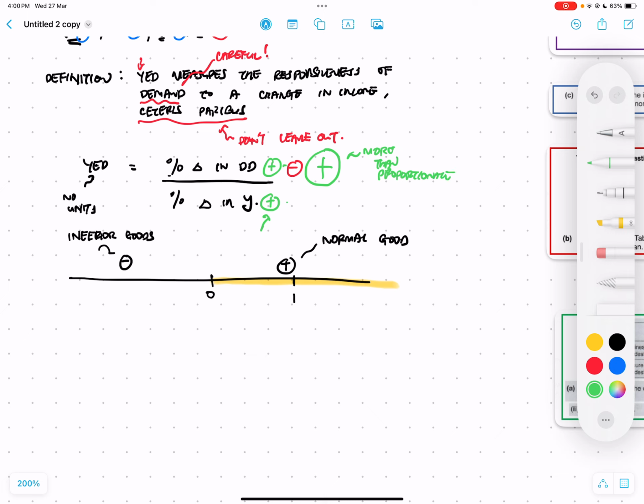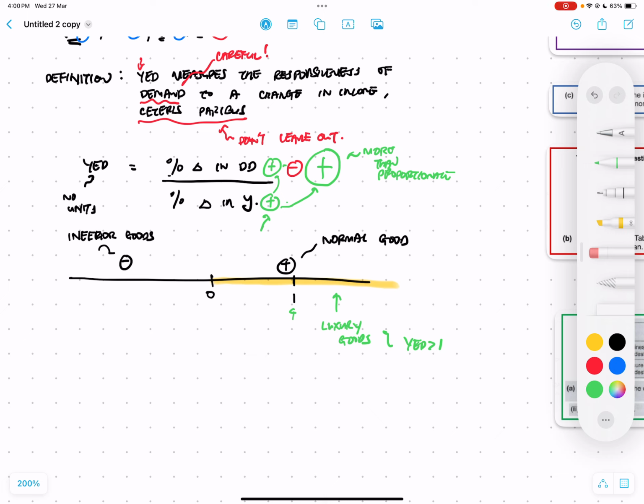Proportionate means one. So if it's more than one, it changes more than proportionately. There are some goods where a positive change in income creates a less than proportionate positive change in demand, and for other goods they create a super huge change in demand. So this would be luxury goods here. Luxury goods have YED more than one.